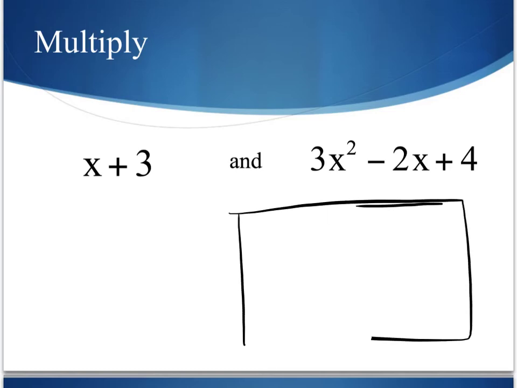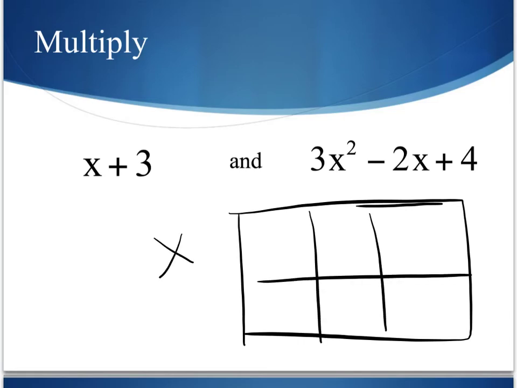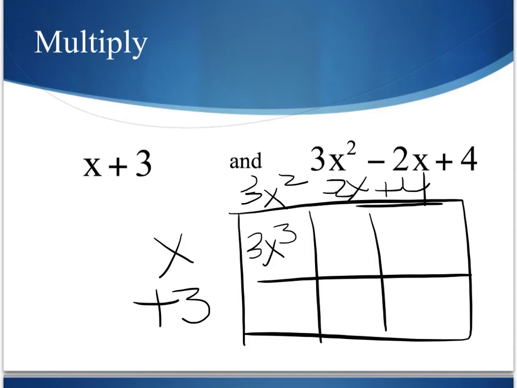So again, we've got a trinomial and a binomial. So put the binomial on the side, then we've got the 3x squared and negative 2x and positive 4. So just like the Punnett square, 3x squared and x, we get 3x cubed. 3x squared and 3, we get 9x squared. Negative 2x and x, we get negative 2x squared.